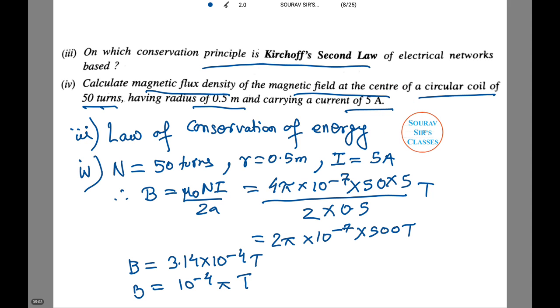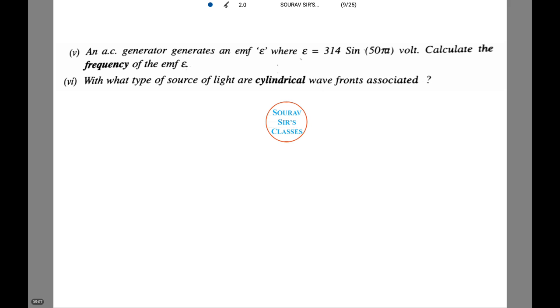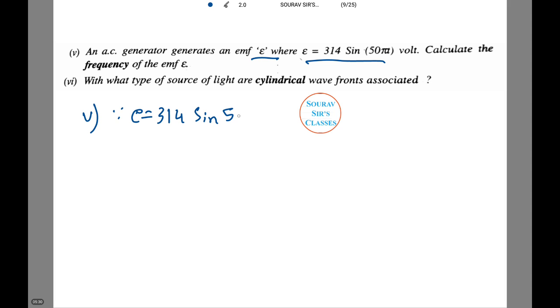Moving on to the next question. An AC generator generates an EMF E where E equals 314 sin 50 pi t volt. We need to calculate the frequency of the EMF E. Since E equals 314 sin 50 pi t volts, therefore omega equals 50 pi.